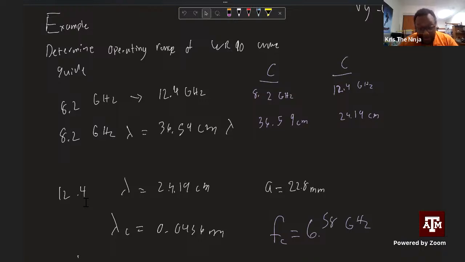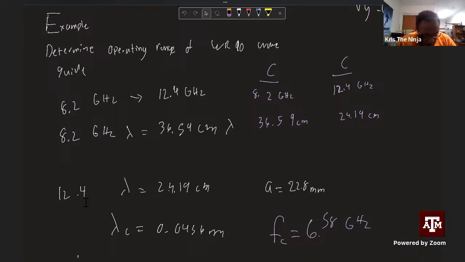That's a big difference. 6.58 to 7.8 is a huge difference when you're dealing with gigahertz. Okay, so I think it's 45 centimeters. So lambda C is 45.6 centimeters.